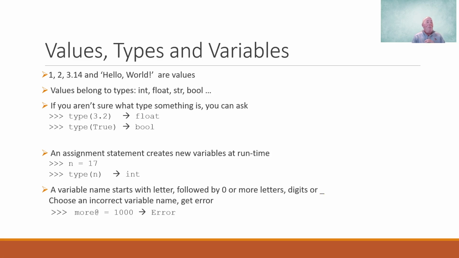Now, what does that mean? It means you can't have a space. You can't use a special character like the pound symbol or anything else in your variable name. There's another thing too: followed by zero or more letters, so you can have a single letter variable, X, Y, Z. And in fact, those are used pretty commonly, X, Y, and Z.